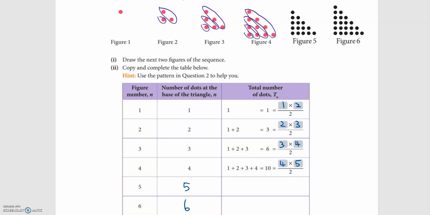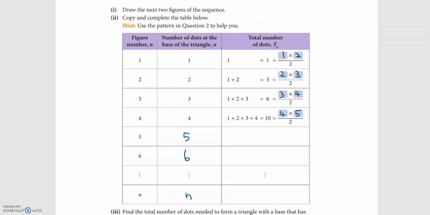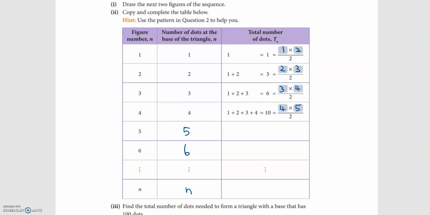So we do see a pattern as well. Let's try to fill in the pattern for 5, 6, and for n. The number of dots would be 1 plus 2 plus 3 plus 4 plus 5, which gives me 15. And I actually get that from 5 times 6 divided by 2.